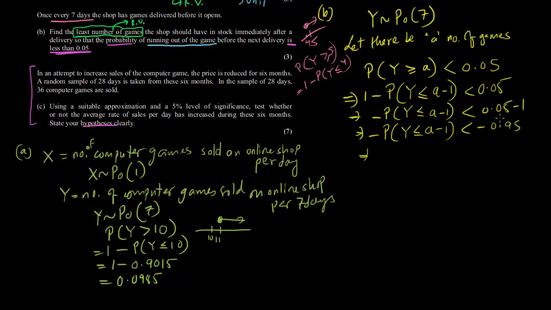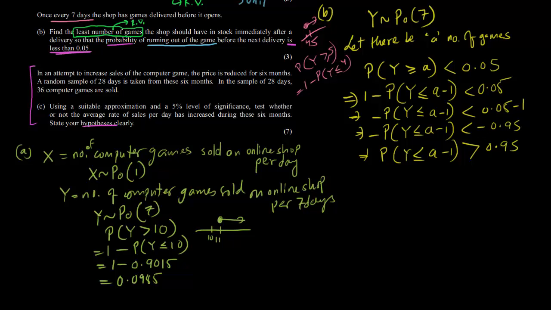If we cancel the negative sign, it would be Y is less than or equal to a minus 1, greater than 0.95. So that's what we have. Now we have to look up the probability, and we have to find the random variable. Remember, this is the opposite. We know the probability, and we have to find the random variable, but it cannot be 0.95. It has to be a little bit greater than 0.95.